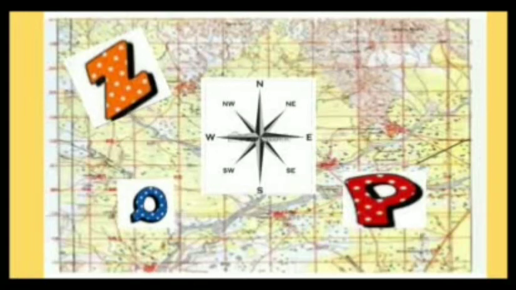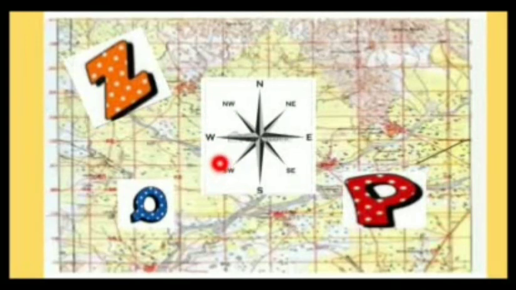Question can be asked, give the direction of Z from P, or give the direction of Q from Z. Anything can be asked. So what you have to do, you will have this direction. You can draw it at the corner of your copy. I'm just drawing it here. The corner of the copy, and with the help of that you can easily find out the direction.